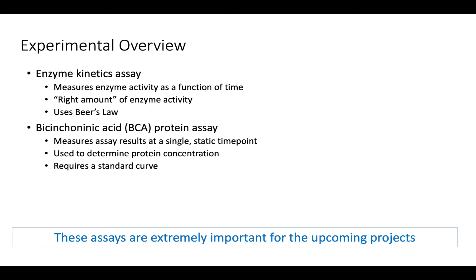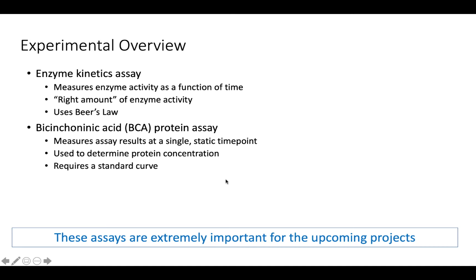It does determine the protein concentration, but in order to do that, it requires a standard curve. And again, the standard curve is using the principles of Beer's law. So Beer's law is used in both of them in quite a different way.